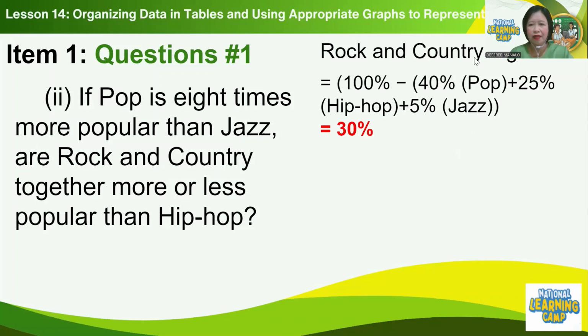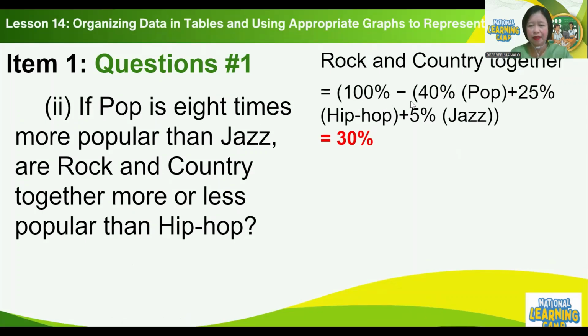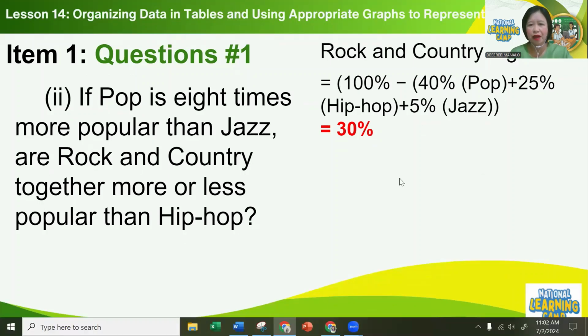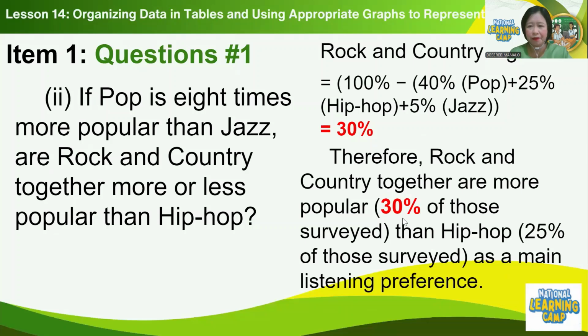So, rock and country together, meaning 100% minus 40% for pop, plus 25% for hip hop, plus 5% for jazz, so we have a total of 30%. Therefore, rock and country together are more popular. 30% of those surveyed, compared to 25% of those surveyed for hip hop as a main listening preference.